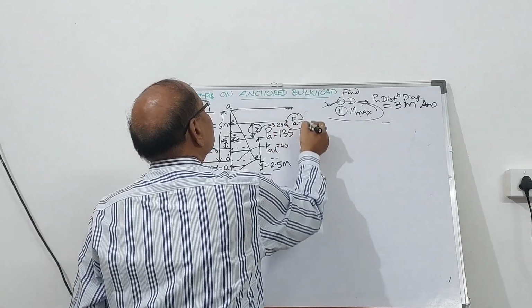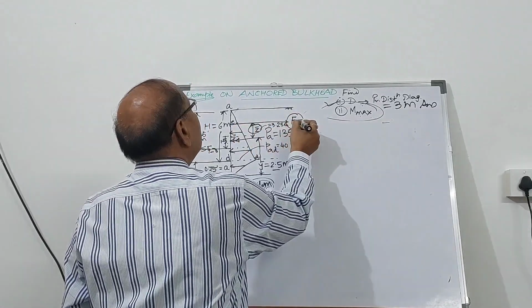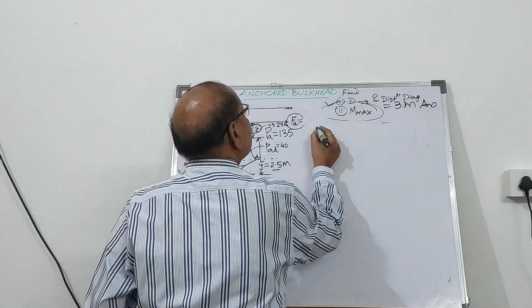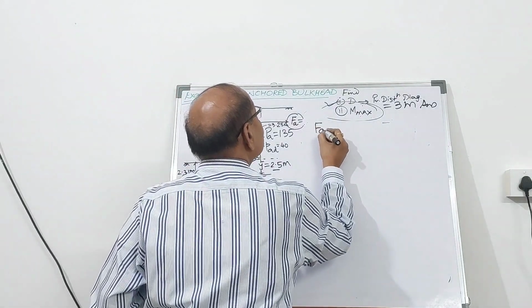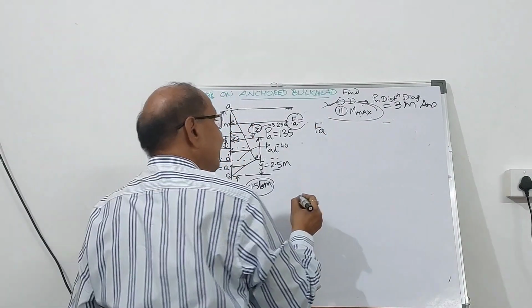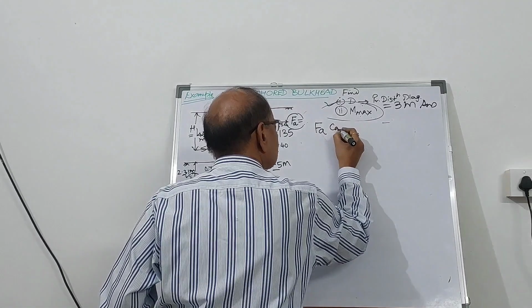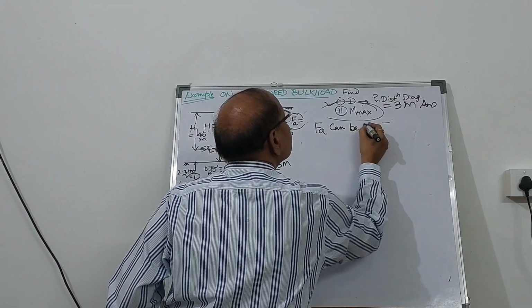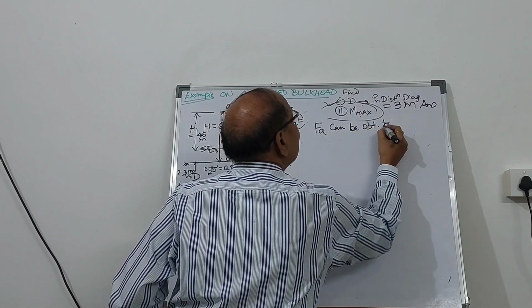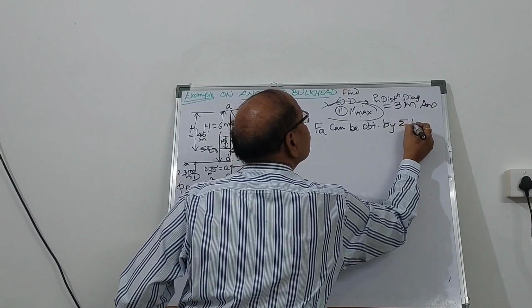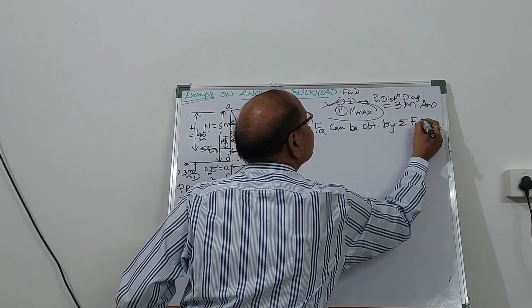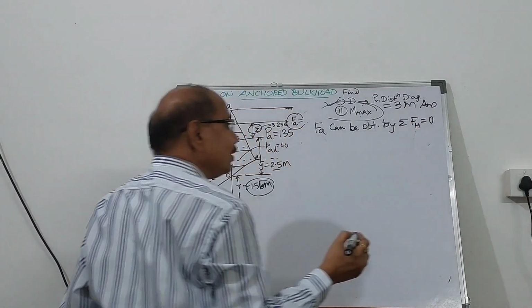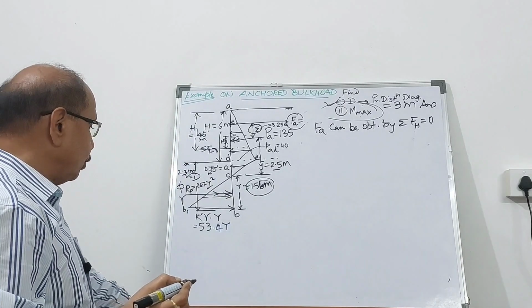Before that, you must find out the value of force in the anchor rod, FA. So force in the anchor rod, FA, can be obtained by applying the equilibrium equation. Sum of all the horizontal forces must be equal to 0.